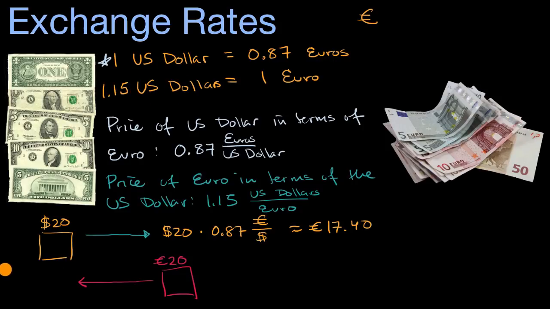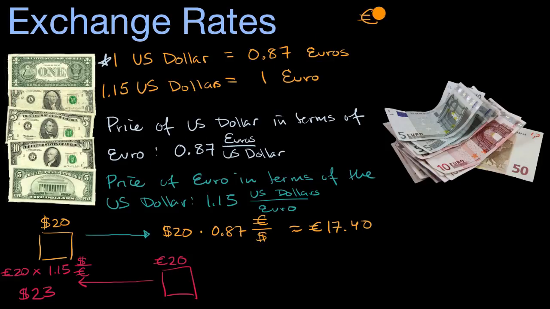So here you would say 20 euro times 1.15 US dollars per euro. And so what is this going to be? This is going to be 20 times 1.15, which is going to be 23 US dollars.